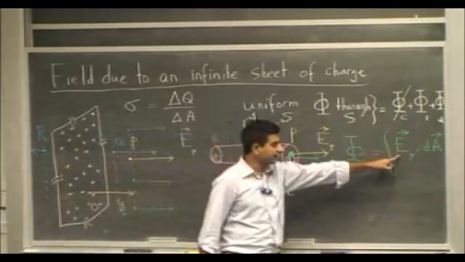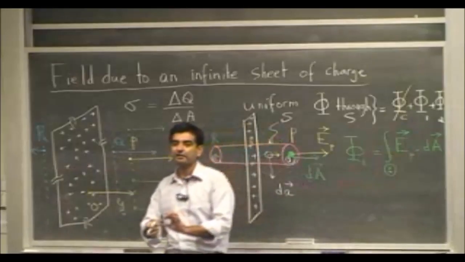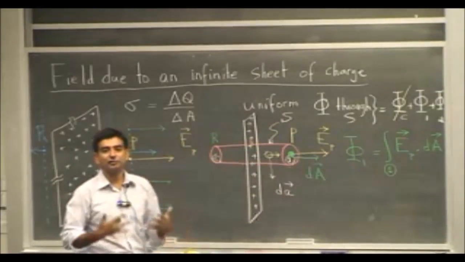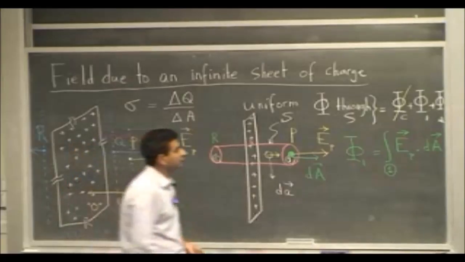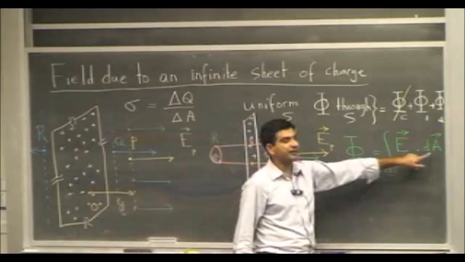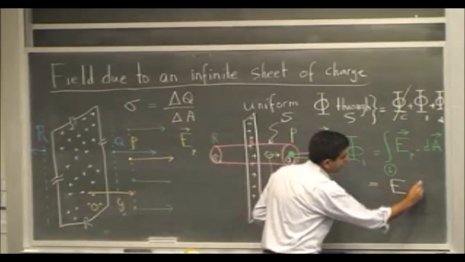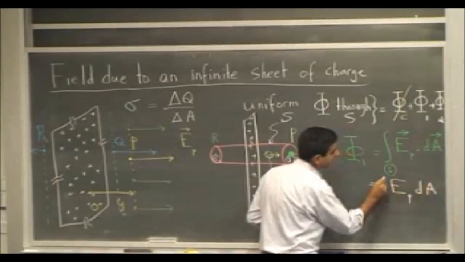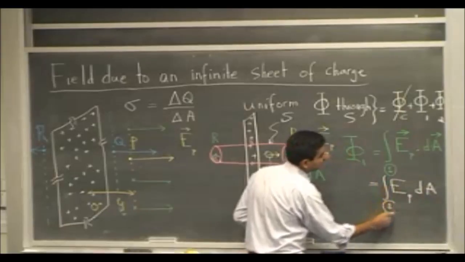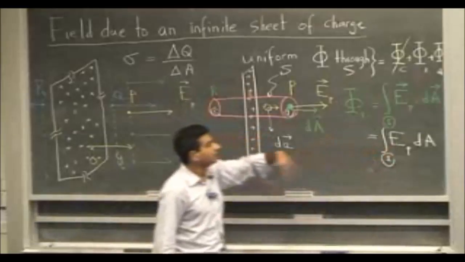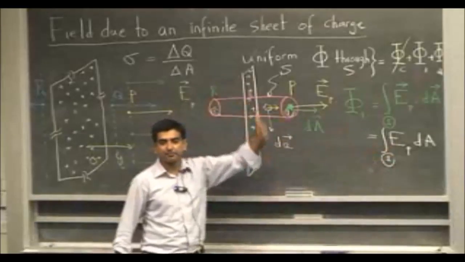Now the electric field and the area vector are locally parallel, so the angle between them is 0, and cosine of 0 is 1. So I can just take the magnitude of EP and dA like this, everything inside the integral. I'm integrating over end cap 1. Now is the electric field uniform on this end cap?